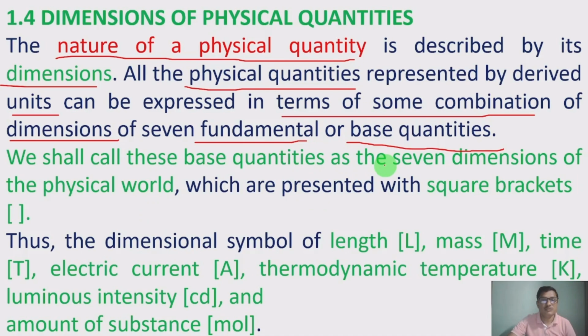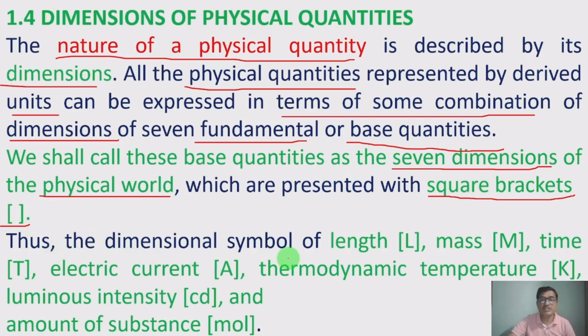The dimensions of the seven fundamental or base quantities we call the seven dimensions of the physical world, which are presented with square brackets. Whenever we represent any physical quantity in terms of dimensions, we represent it within square brackets.